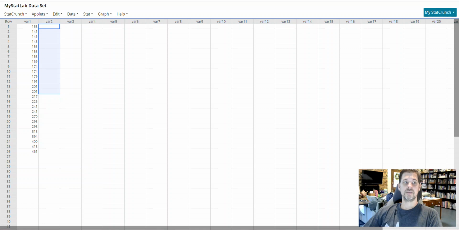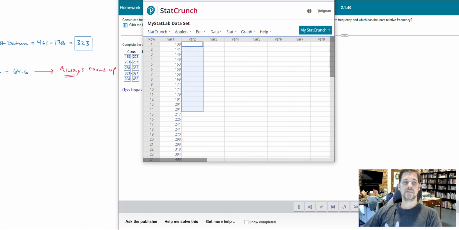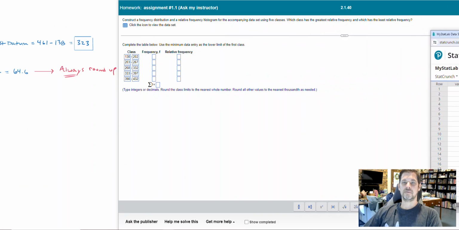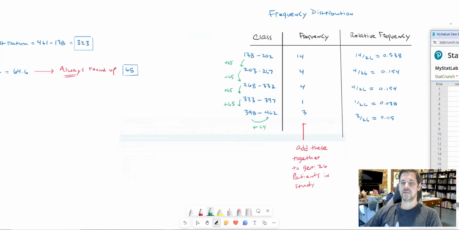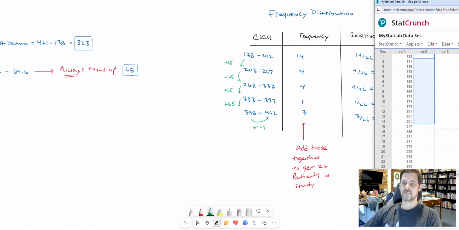All right. So I put 14, because I counted 14 in this range. And then I can just go through and highlight the rest, like how many from 203 to 267. Well, 203 to 267 would be these. These are the only ones that have a triglyceride measurement between 203 and 267, and that's 4.